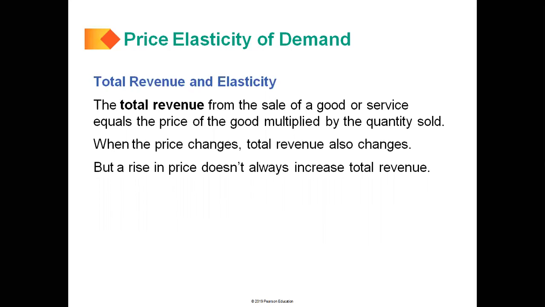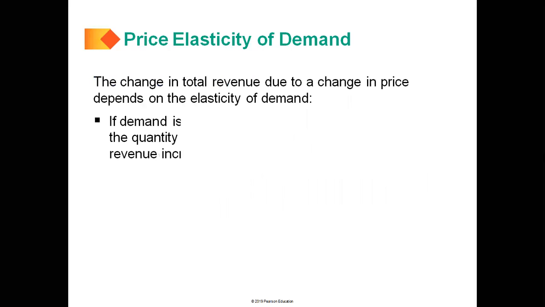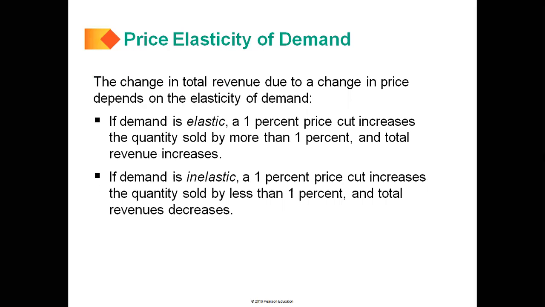So when the price changes, the trick is, did the quantity compensate for that? And elasticity would tell me whether or not it did. And as I said, total revenue will only increase due to a change in price if the demand is elastic.